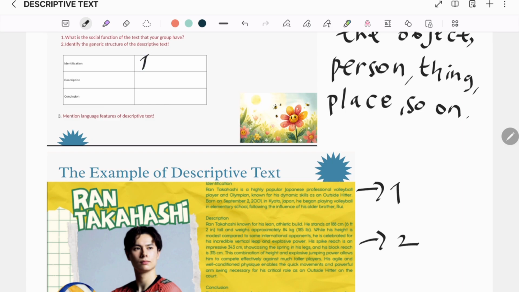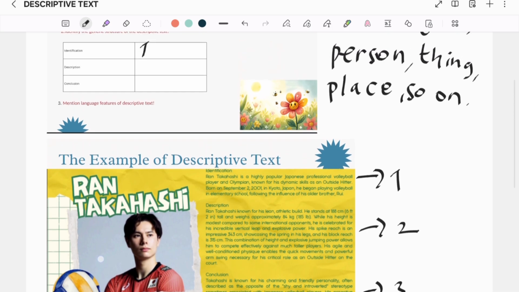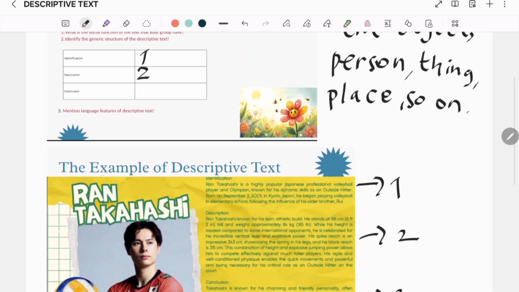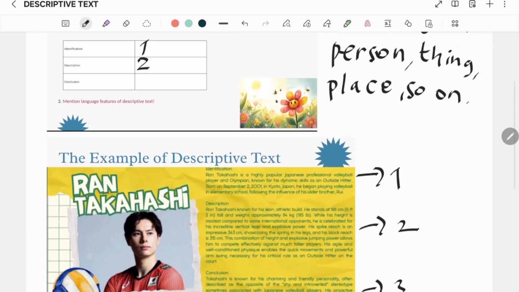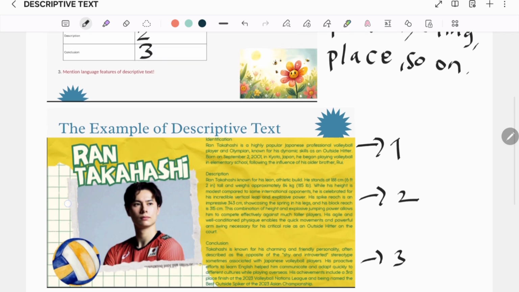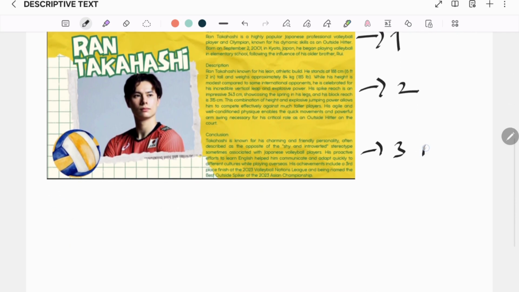For description, you just write number two, and for the conclusion you can write number three. But you have to remember, not all descriptive texts have a conclusion.